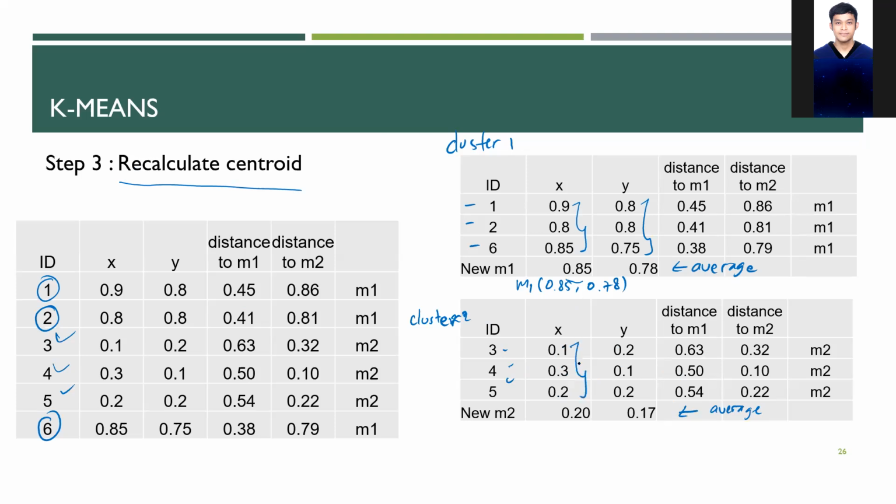So here, the average of 0.1, 0.3, 0.2 is 0.2, and the average of 0.2, 0.1, 0.2 is 0.17. So the new centroid for cluster 2 is 0.2, 0.17. Okay, we have the new centroids.